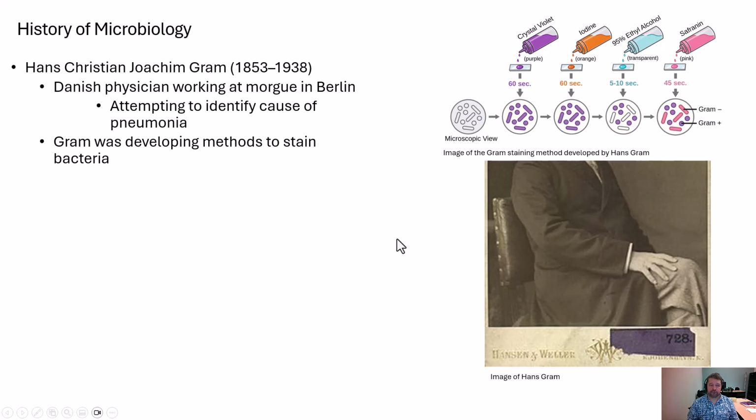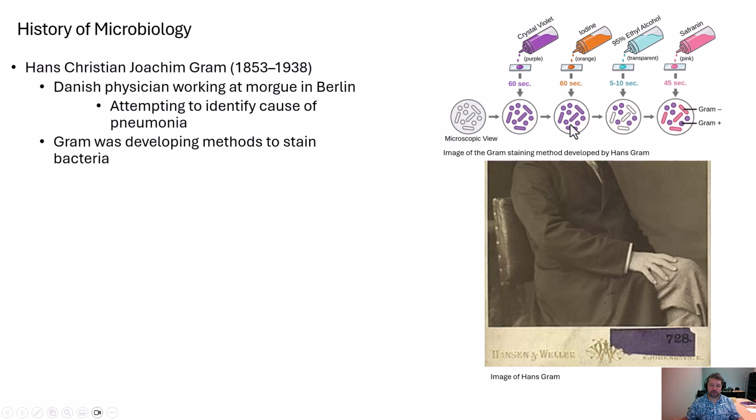Gram devised the method that we now call the Gram staining method. You take the bacteria or microorganisms in a sample and apply crystal violet. Crystal violet will dye peptidoglycan, and then after that you add iodine.